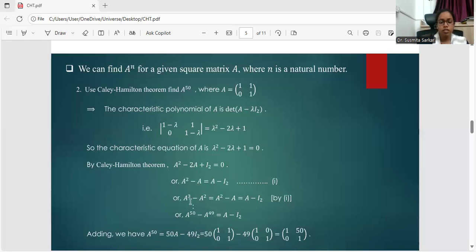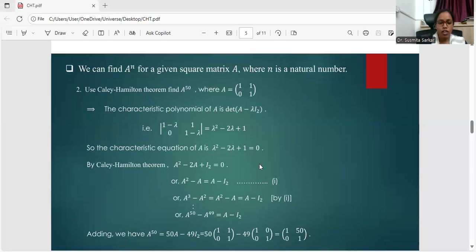Now A square minus A is equal to A minus I2 after simplification. Now multiplying both sides by A, we get A cube minus A square is equal to A square minus A, and also we know from equation 1 that A square minus A is A minus I2, and continuing this process up to 50 times, we get A to the power 50 minus A to the power 49 is equal to A minus I2.